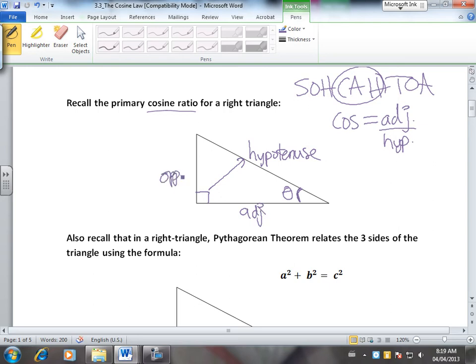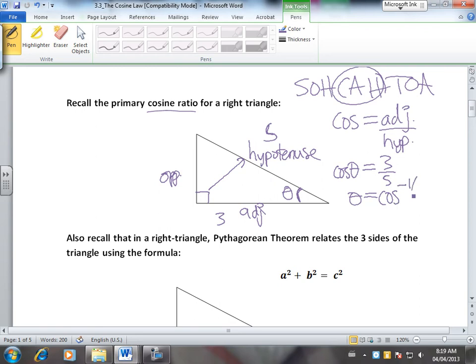And if I tell you, let's say this is a 3, 4, 5 triangle, so this is 3 and this is 5. To do my cosine ratio, so cos theta equals adjacent over hypotenuse, so 3 over 5. That would be theta equals, now remember we talked about the opposite of cos is inverse cosine.